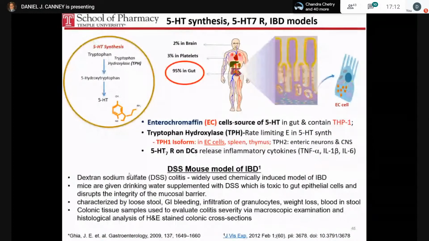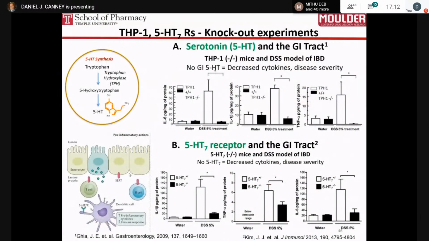And DSS is toxic to the epithelial cells and disrupts the barrier and leads to the inflammation, which is mimicking the effects that we see in IBD. And of course, there are other, more advanced models. We've done some of that too, but I want to start with the simplest one that's actually very commonly used as well. All right, so here's some of the evidence.